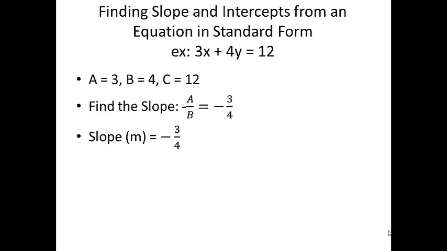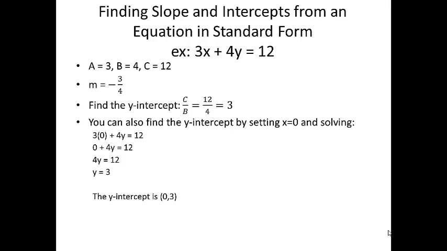It's helpful to write out that A equals 3, B equals 4, and C equals 12. First, we find the slope by writing the opposite of A over B. That would be the opposite of 3 over 4. Therefore, the slope of this equation, or m, equals negative 3/4.